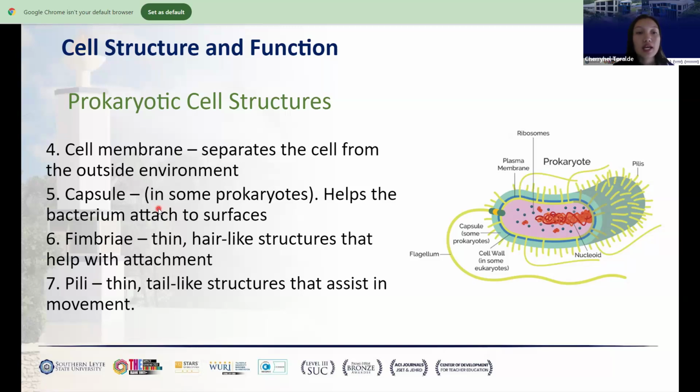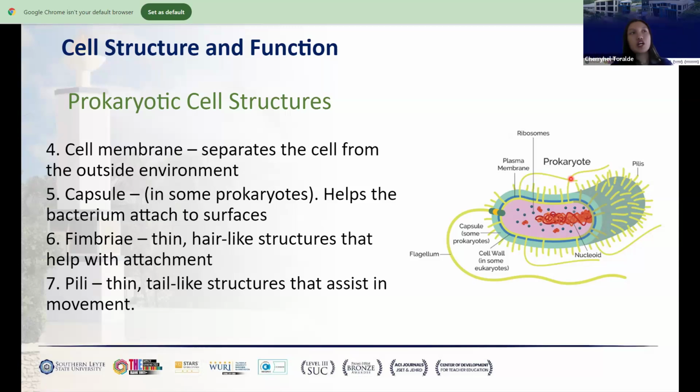Okay. Next, number 4. So the cell wall is the outermost part here, but there is also a capsule in the prokaryotic cell. So if we go from the outside to the innermost, we have the capsule, which is usually for attachment, like a glue.